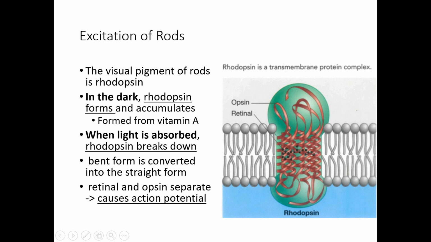When bright light comes in, rhodopsin breaks down and retinal is detached from opsin, separates. When it happens, it causes action potential that travels through that cell and then through the neurons into the brain.